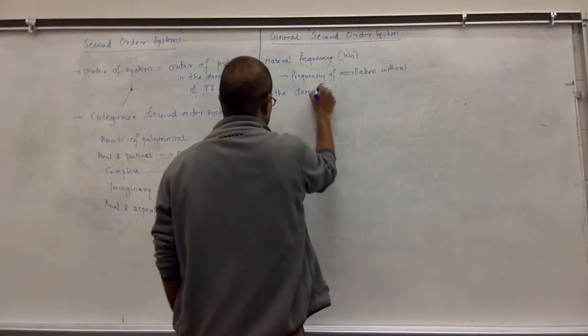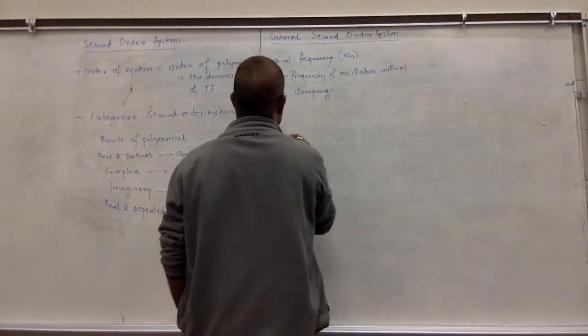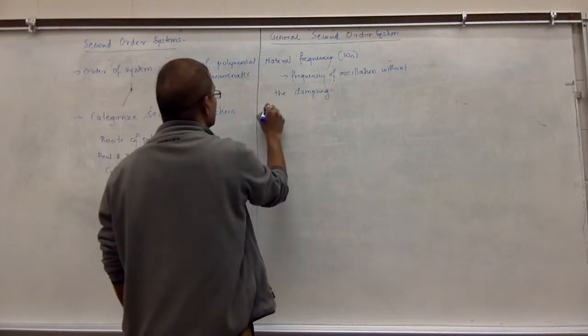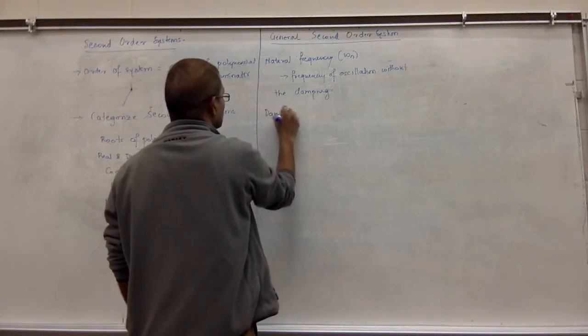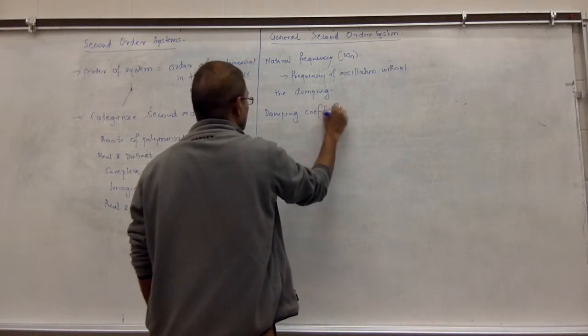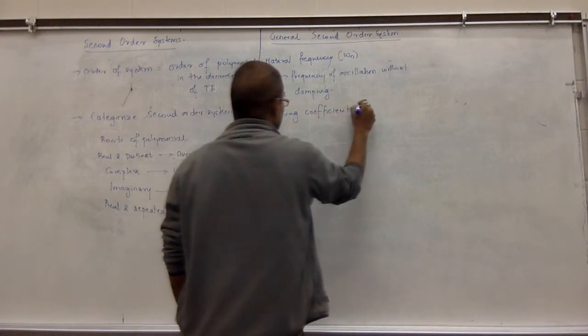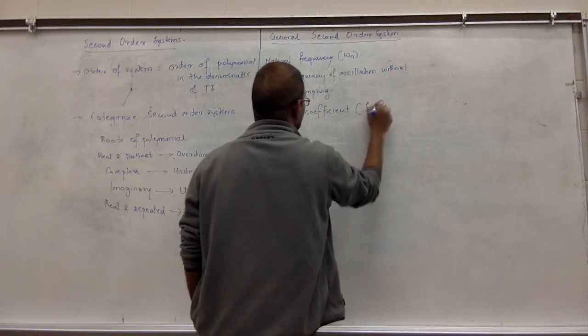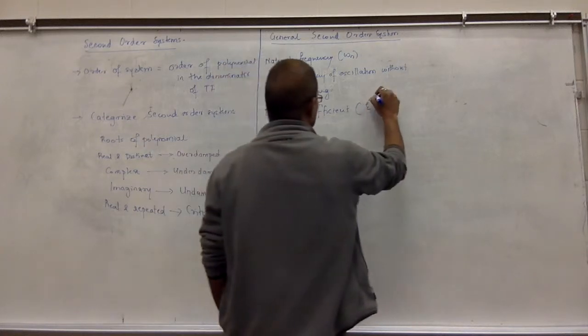And then we introduce another term for the damping coefficient. We use this symbol zeta. This is called zeta.